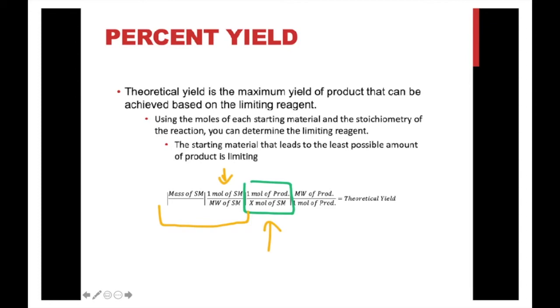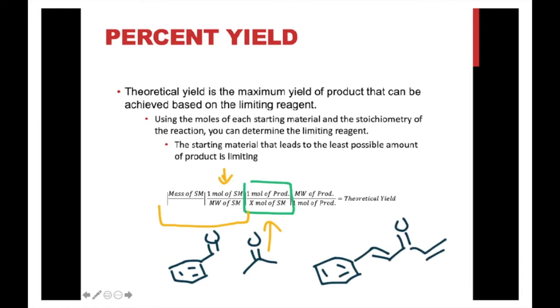So if we look at the reaction we just had, right? So if we have this and this making this. Oh no, hopefully you can see the end there, right? So we know that it's a 2:1 ratio, right?